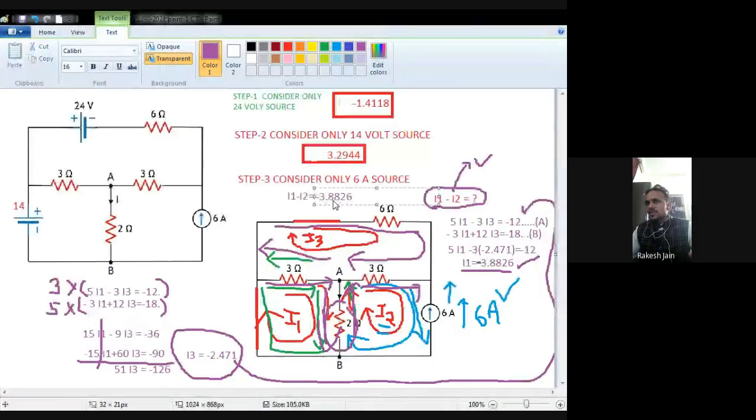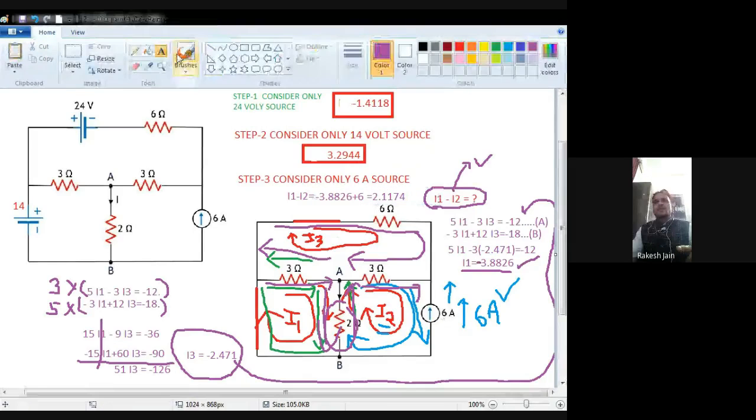And in place of I2 I just put minus 6, minus 3 times minus 6, that is plus 18. When it moves to the right hand side, it will be minus 18. Okay, so this is equation number B. Now from A and B we find the value of I1.